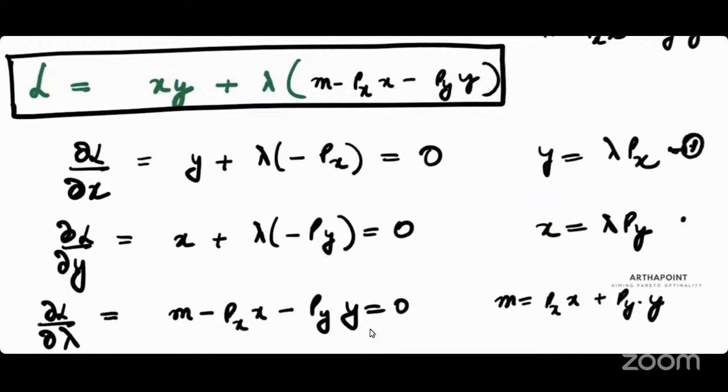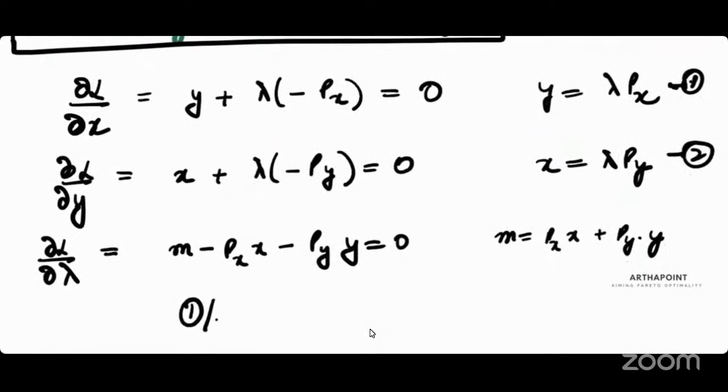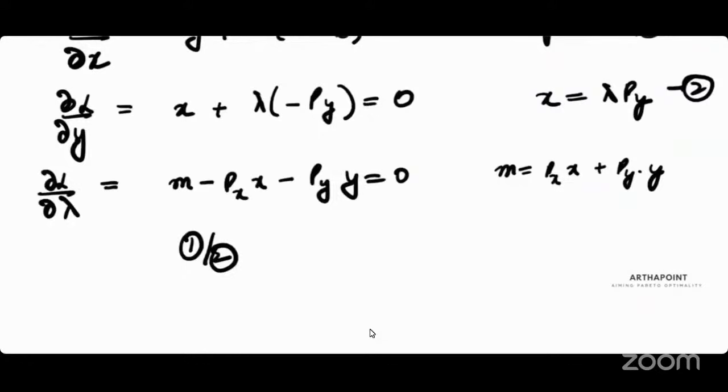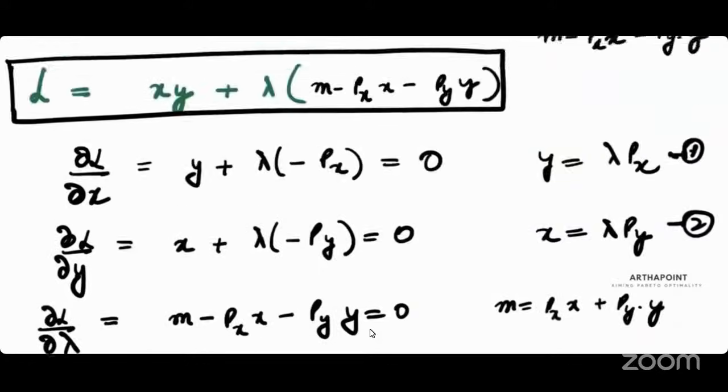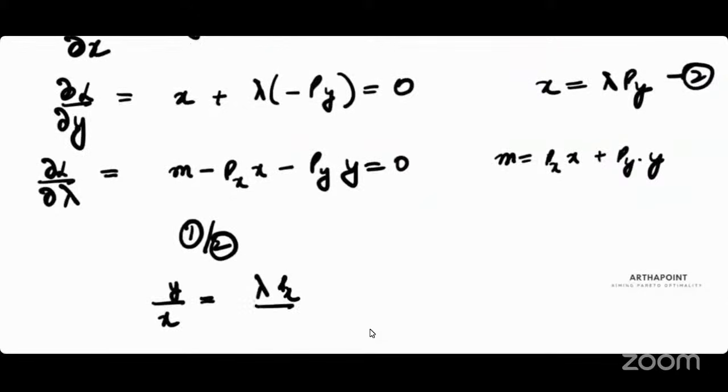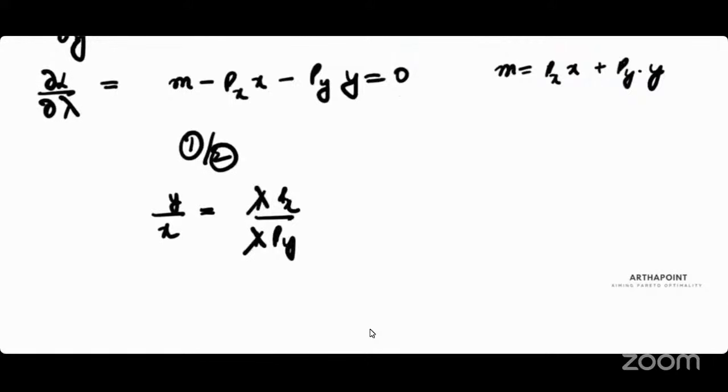Always divide the first and second equation. So 1 by 2 will give you Y by X is equal to lambda Px by lambda Py. And when you solve it, you will get Y into Py is equal to X into Px.